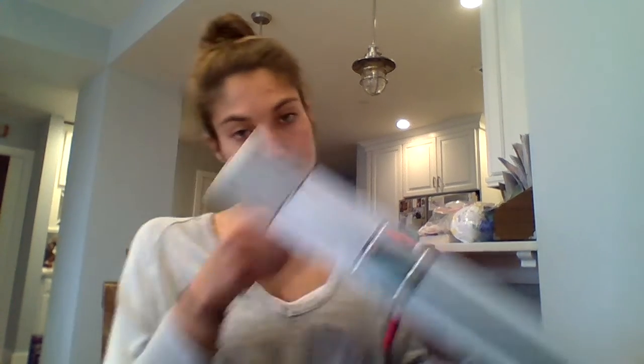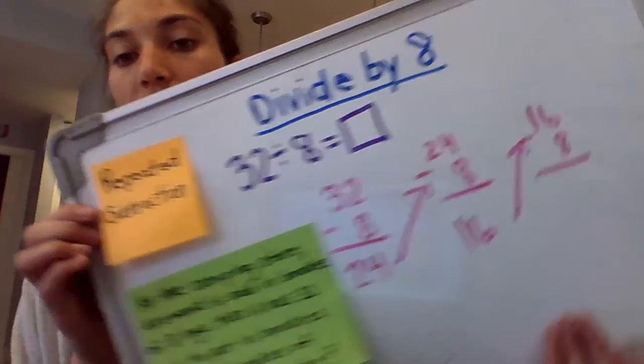32 minus 8 is 24. See, even I have brain freezes. Now I'm going to do 24 minus 8 again, right? 24 minus 8 is 16. Now I'm going to do 16 minus 8, and I get 8.